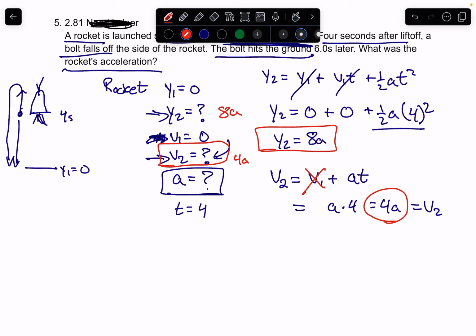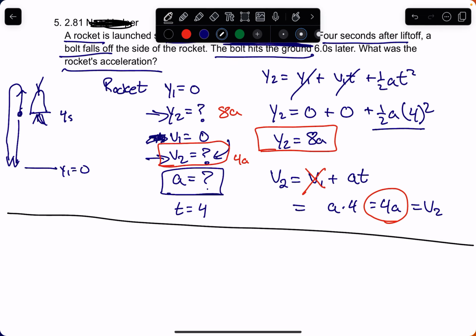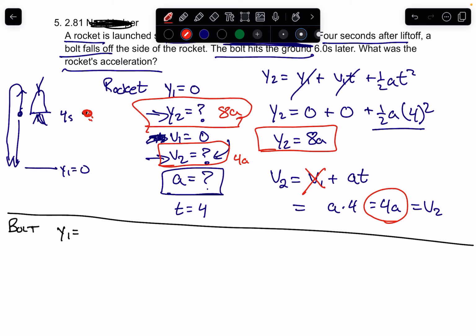Now we want to look at it from the perspective of the bolt. So for the bolt, what is y1? He's starting up here at the top, so his y1 is the y2 of the rocket.